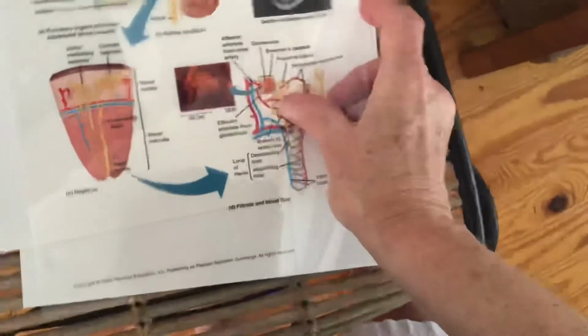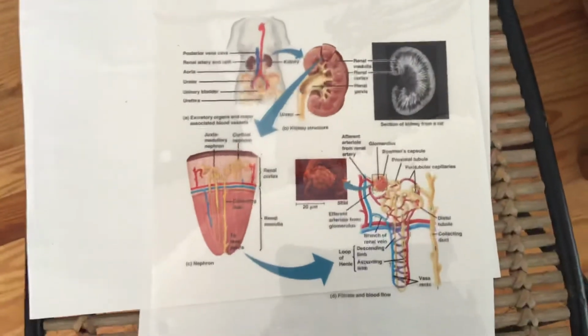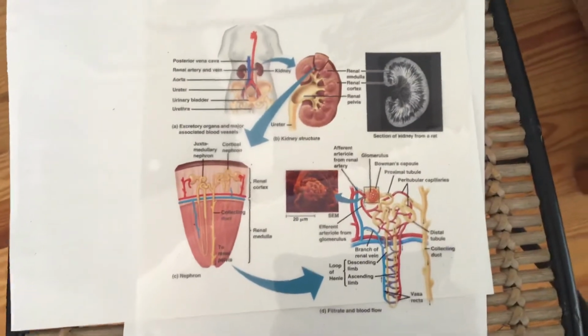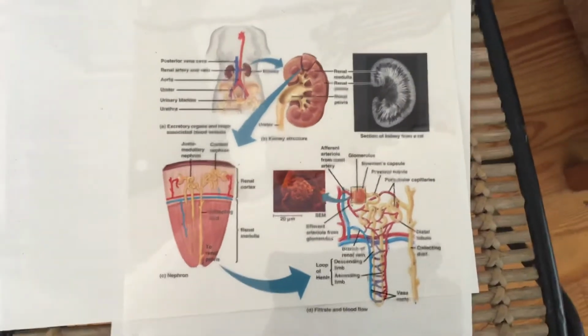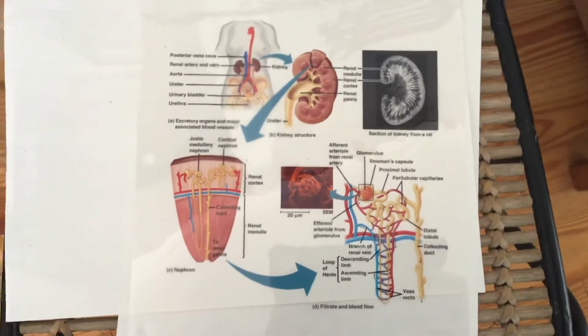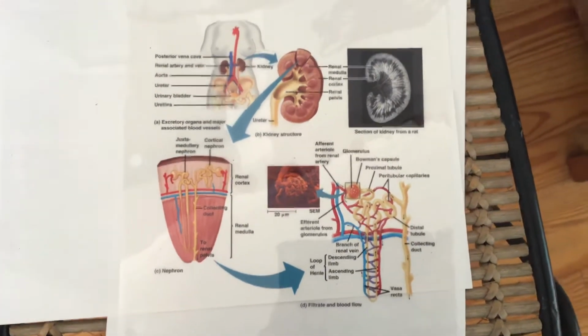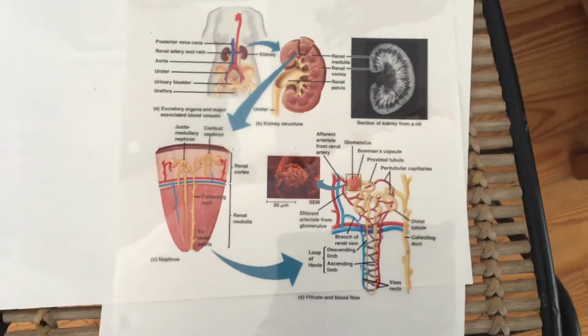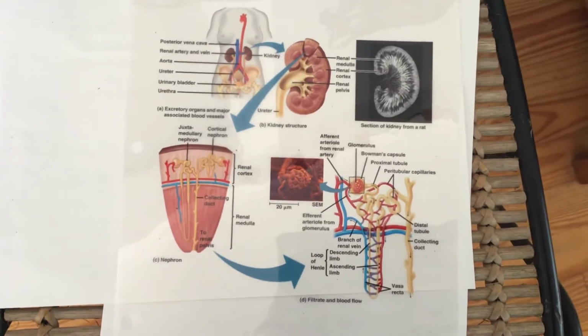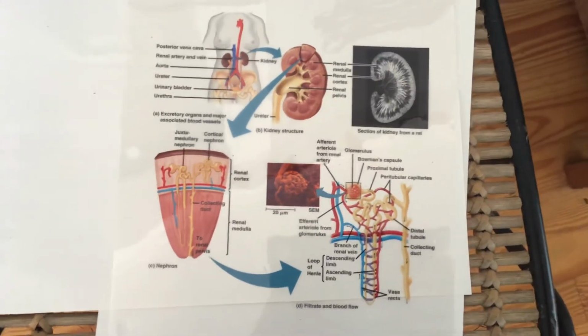All right, and then we're going to cover the mammalian kidney, but just in general, all chordates have a kidney. They wouldn't necessarily look exactly like this, but we will go through all of the parts of this picture here, and talk about the basic function of the kidney.